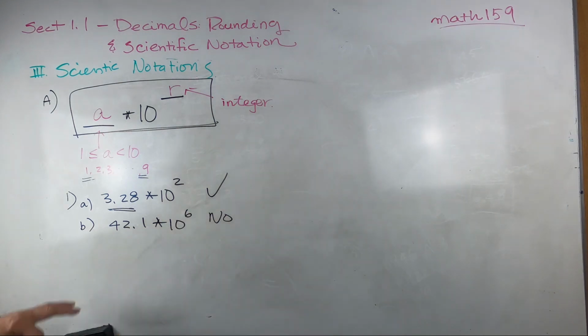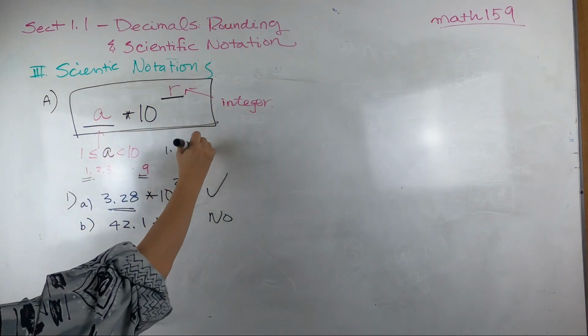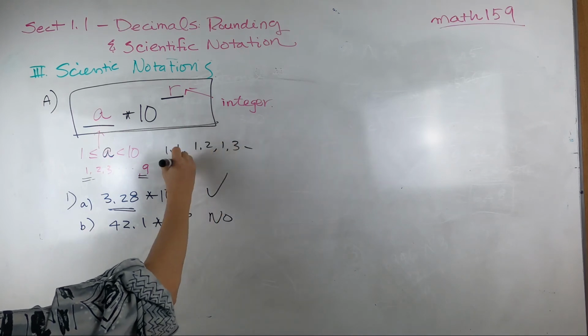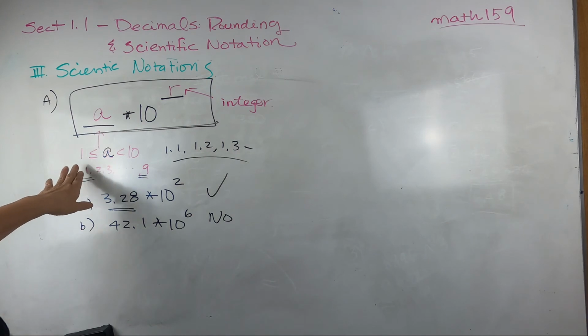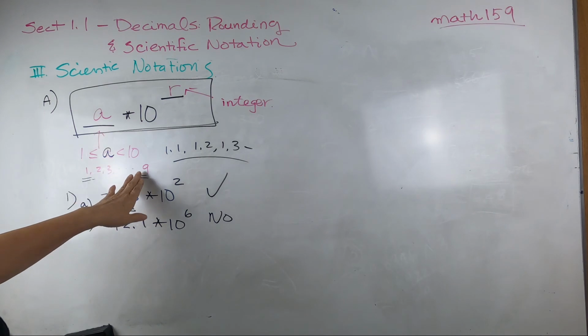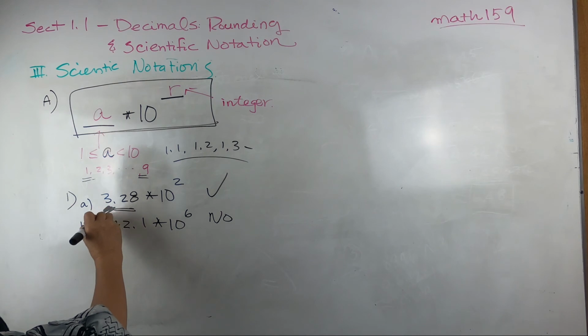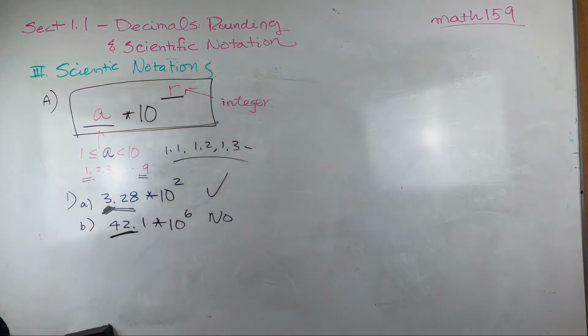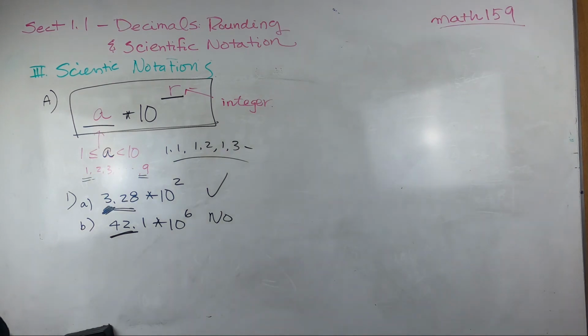No. So A means what? 1 to 9 can be 1.1, 1.2, 1.3, all the decimals, as long as it's between 1 and 10, like 1.55, right? Not 2 digits. So the number in front of the decimal point, you can only have 1 digit, not 2. With 2 digits we will not call it scientific notation. Okay?